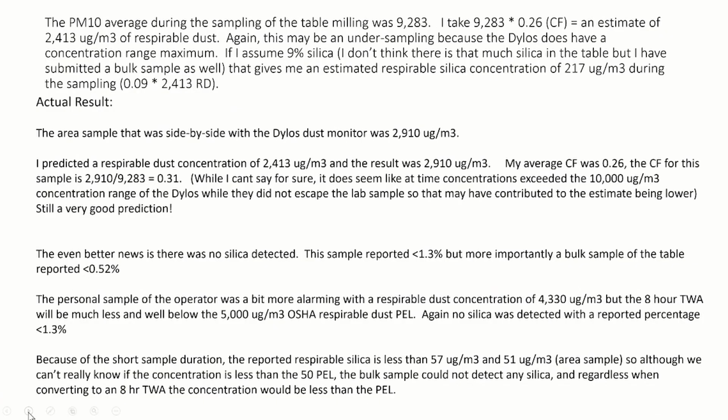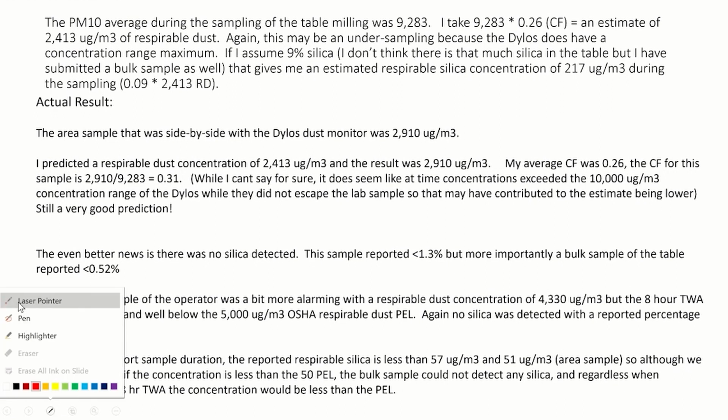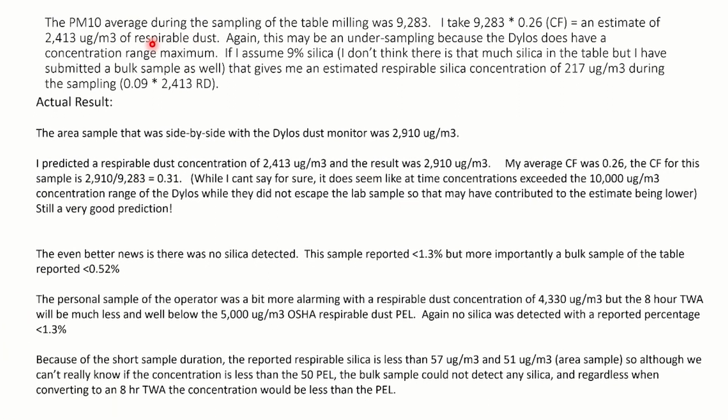But very quickly, I want to show you the empirical, what I would consider success. My PM10 average was 9,283. I took that times the beta Dialos correction factor, and I estimated that the lab sample, the side-by-side, was going to come back 2,413 micrograms per meter cubed of respirable dust, or 2.413 milligrams per meter cubed. And it actually came back, the side-by-side, as 2,910.